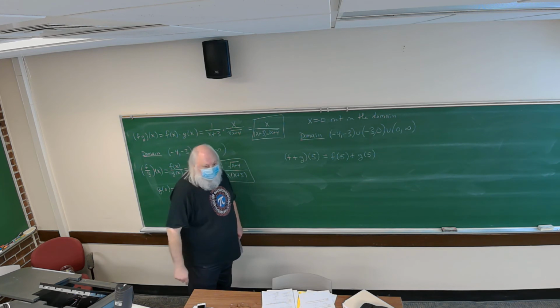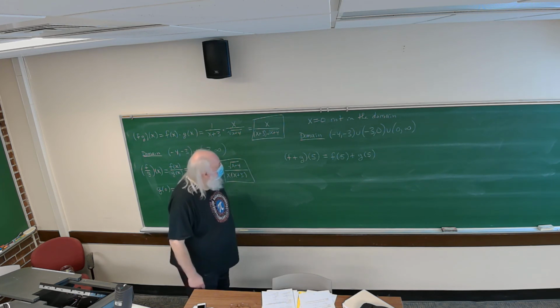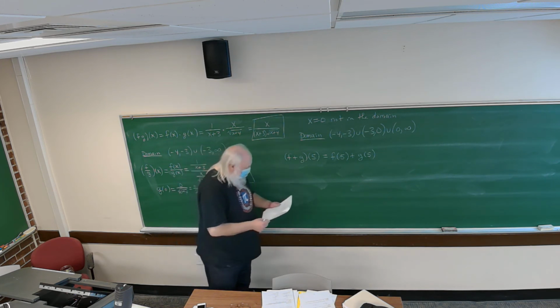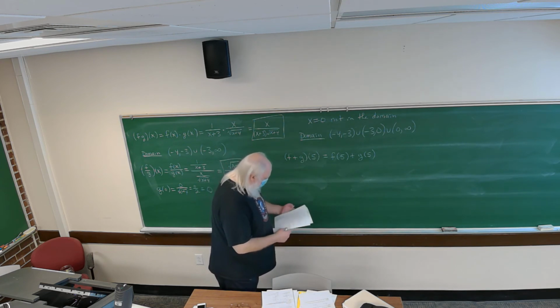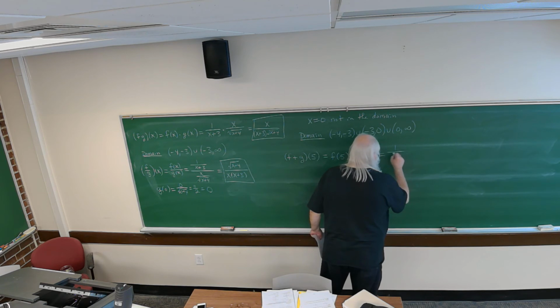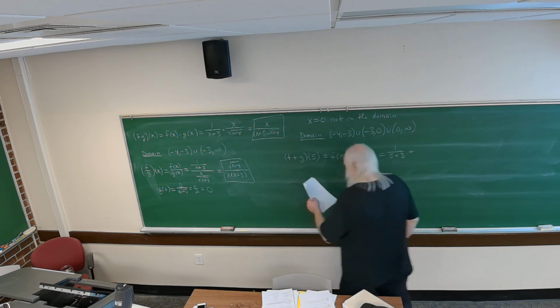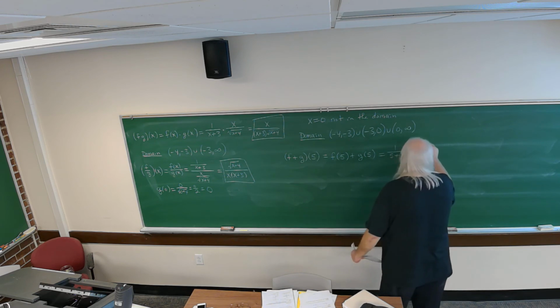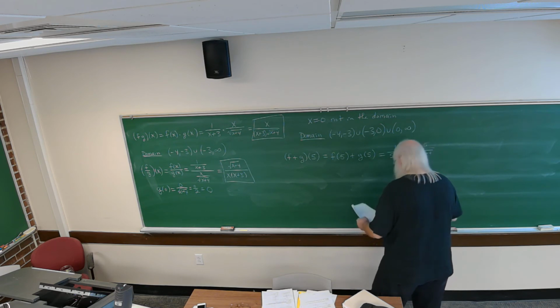And now you evaluate f of 5 and g of 5. Well, from the previous page, f of 5 is equal to 1 over 5 plus 3, and g of 5 is equal to 5 over the square root of 5 plus 4.